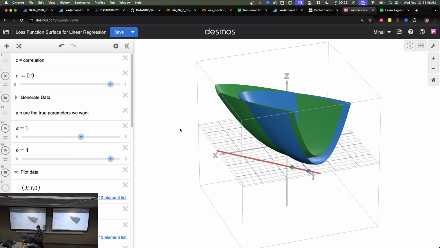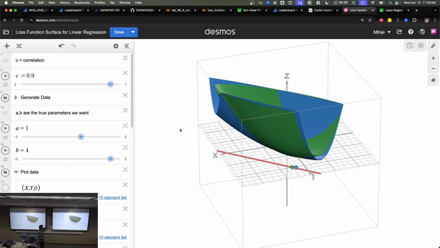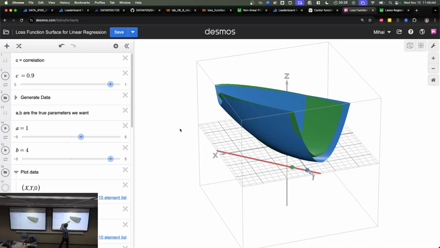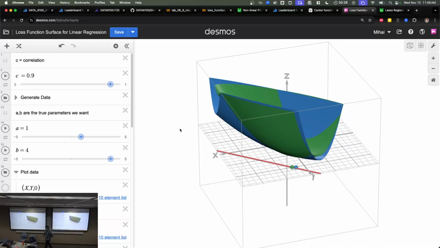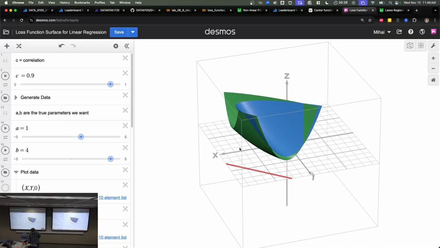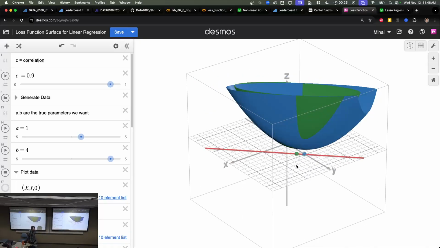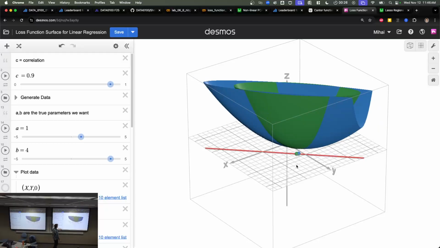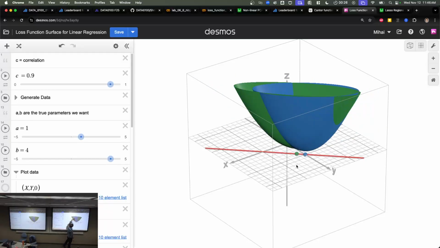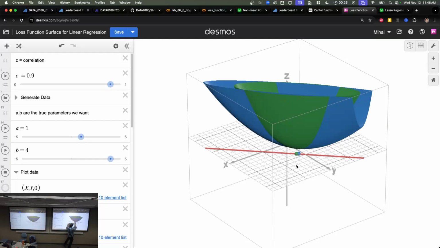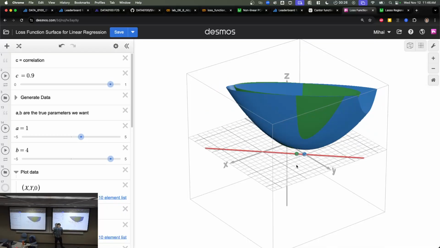And you cannot tell where the minimum of the bowl is because you have this long direction where the loss function is almost constant. I could zoom out a little bit to make it look more like a pita, I guess. It's like a long bowl shape. But just by random chance, you tend to have the blue bowl, even if it's very close to the green bowl, have its minimum kind of moved over this way.